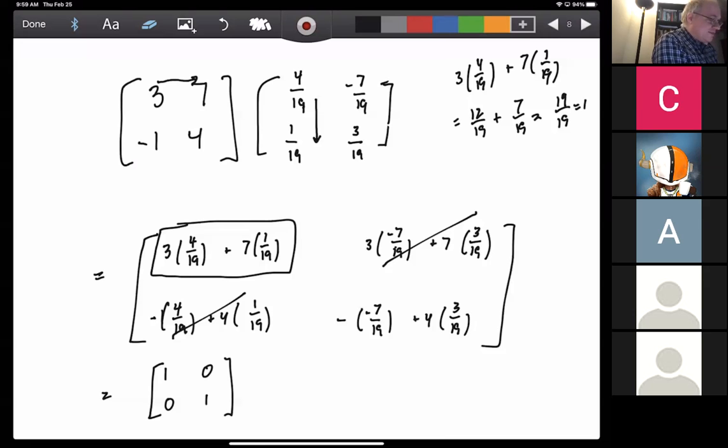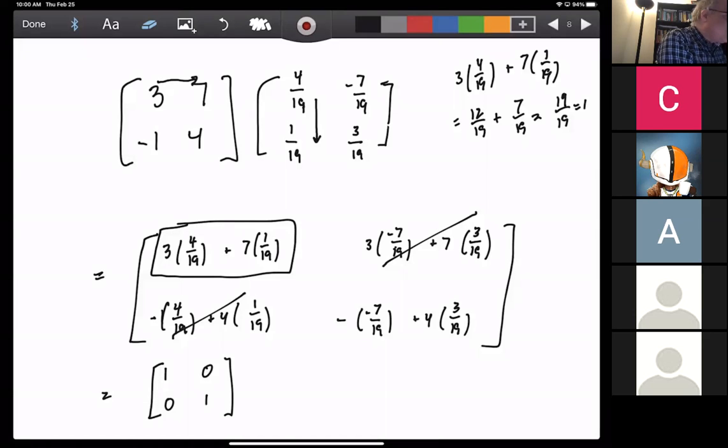This is not the most efficient strategy for computing the inverse of a matrix, but it's fine as long as your system is not too large. So 2 by 2, 3 by 3, even a 4 by 4, you could do this by hand without much of a problem. It gets to be a little tedious when the matrix is too big.